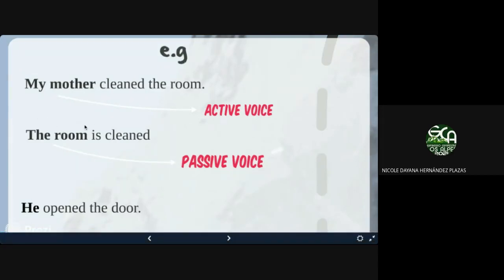Cuando es voz pasiva, están diciéndote algo está recibiendo una acción que fue realizada por alguien. Entonces el objeto es el más importante. ¿Sí ves? Aquí no te están diciendo que la habitación se está limpiando, te están diciendo que la habitación es limpiada. ¿Sí ves? La habitación no está realizando la acción. So in this case, he opened the door is active voice. So in passive, the door is opened. The door is opened. So Juana, can you please put this sentence in negative?